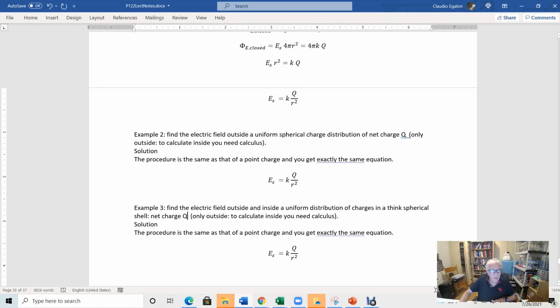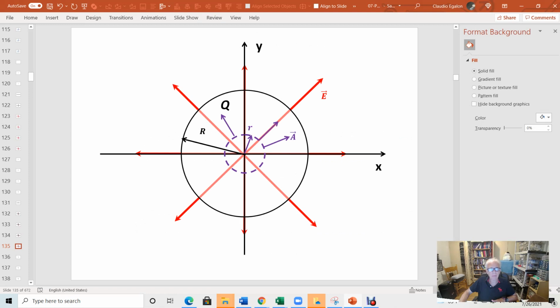Yeah, this one we can do. This one we can do because it doesn't require any calculus. I'm going to illustrate that for you.